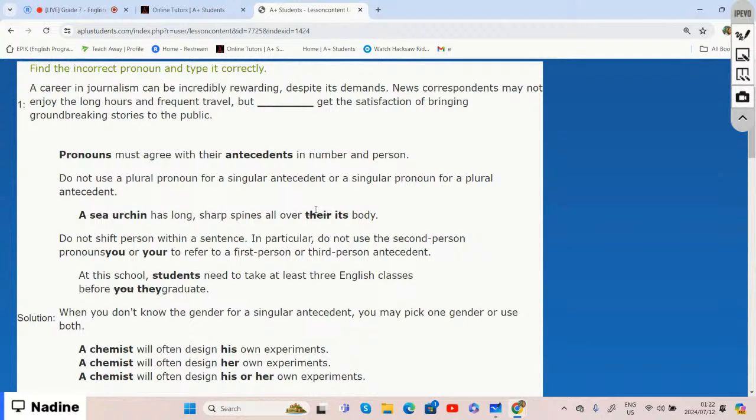And it says that we should not, it says that do not shift person within a sentence. So we shouldn't shift person within a sentence.